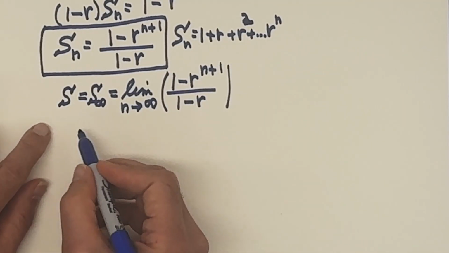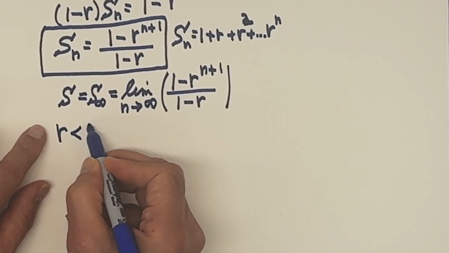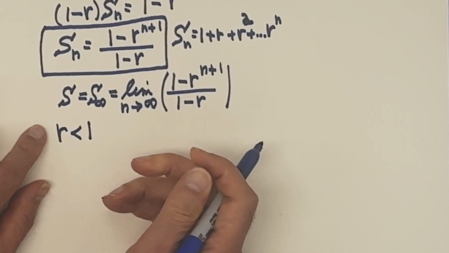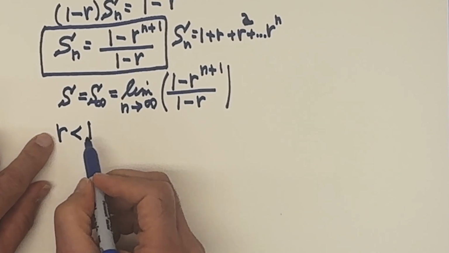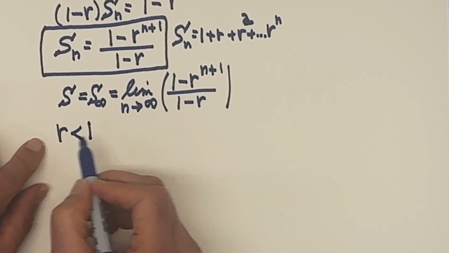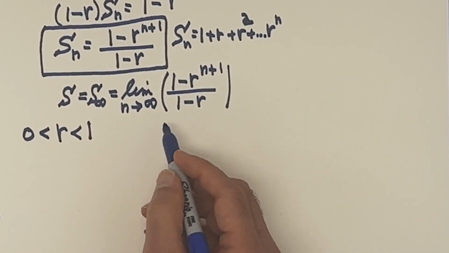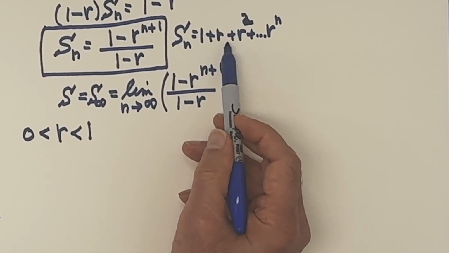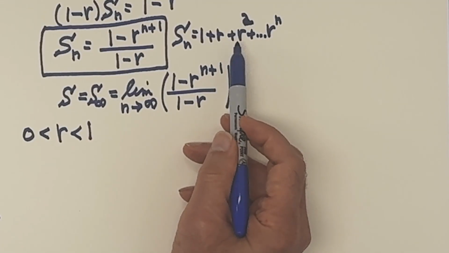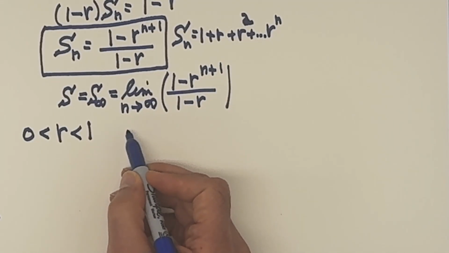Now here, if r is less than 1, and I'm taking r to be a positive quantity, then you can see that r squared, r cubed, those numbers keep getting smaller and smaller.